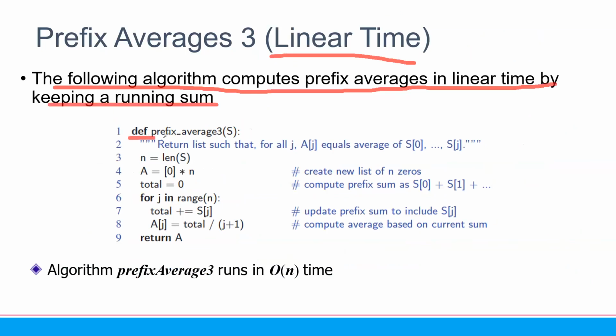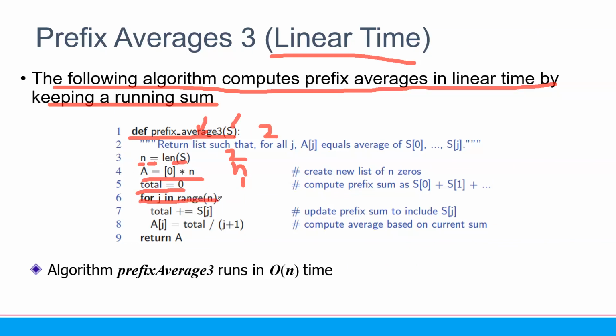So prefix average 3. We have this method name and this one, so it is 2 operations. This assignment and this method are 2 operations. We don't care about those. This is n, and then we have one operation, we don't care about this constant.